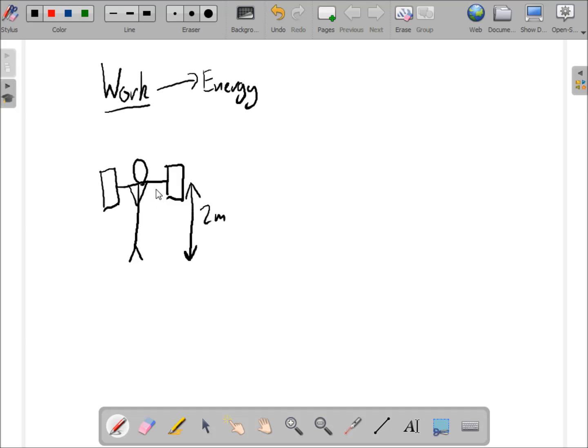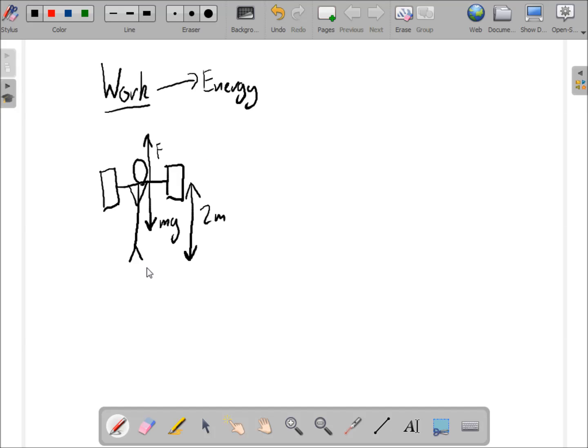Now to do that he's had to apply a force. The minimum amount of force he's going to need to get that thing off the floor is going to have to be greater than the weight of the object, which would be given by mg. So the force he's applied to get it up there is going to have to equal mg at the minimum.